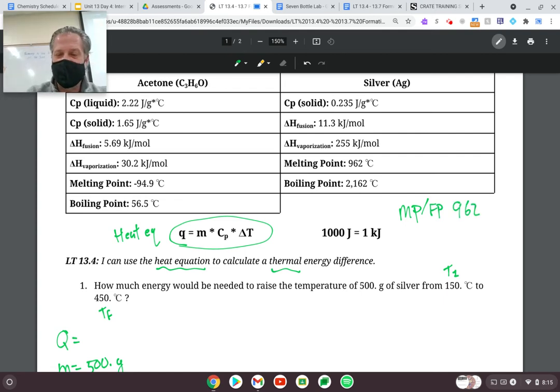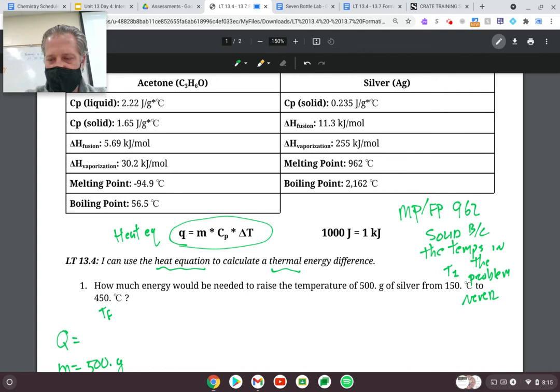During the entire problem, the temperature never gets above that, because the temps in the problem never get above the melting point.